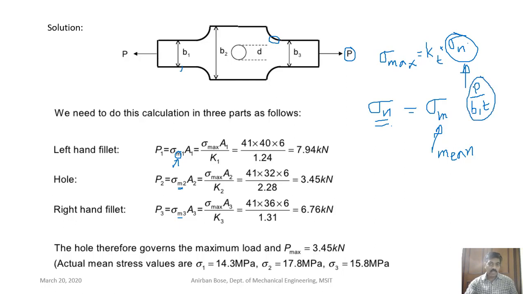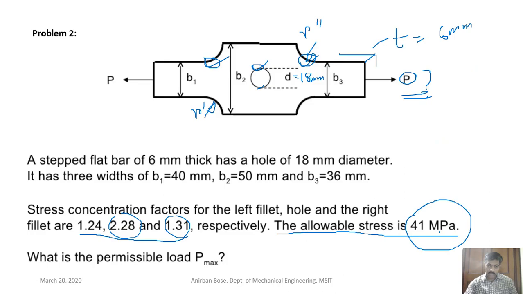Now if you put this value, you do not know what P is. But what you know is the sigma max allowed in the material. The sigma max cannot exceed the allowable stress. So in place of sigma max, you can directly put the maximum value which was given, that is 41.